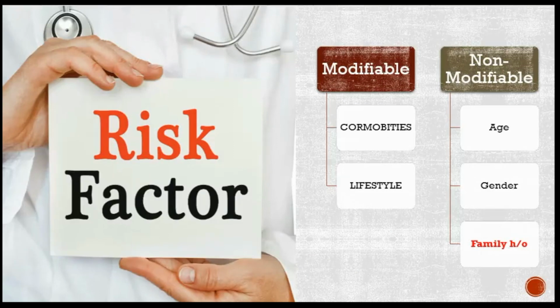So again, we can classify it as modifiable and non-modifiable. So we have the modifiable comorbidities like diabetes, hypertension, if the patient has hyperlipidemia, CKD, depression, obesity, all those things. Lifestyle modification: we can help the patient, educate the patient, or intervene with smoking cessation programs, and poor diet, all these can be risk factors for angina.